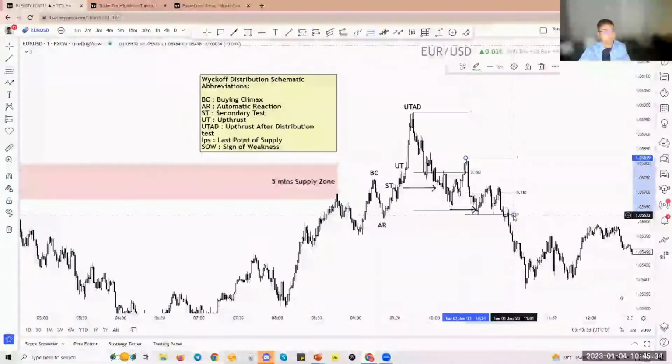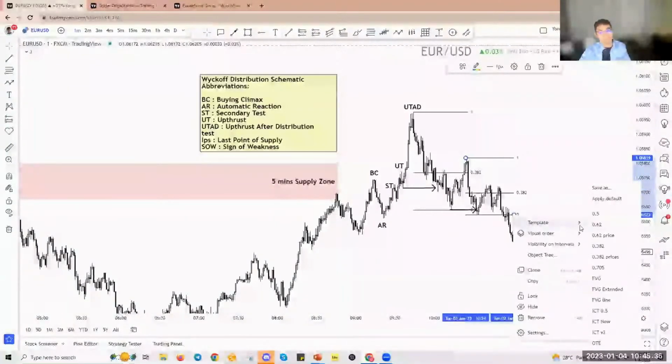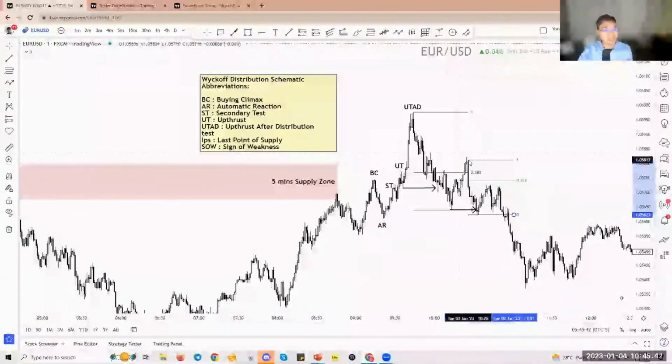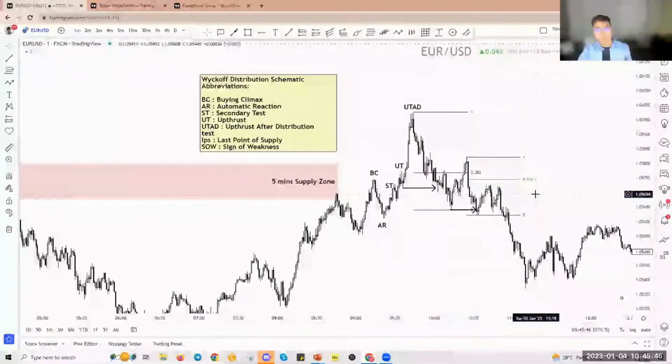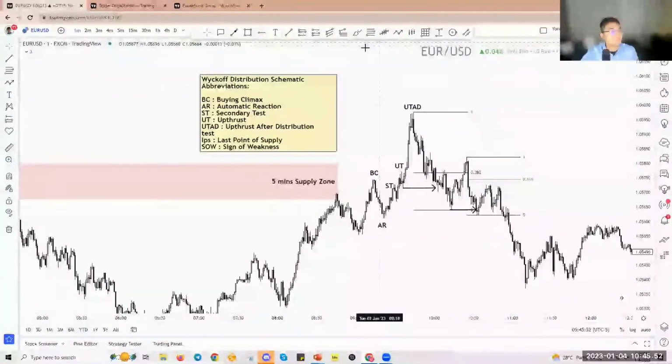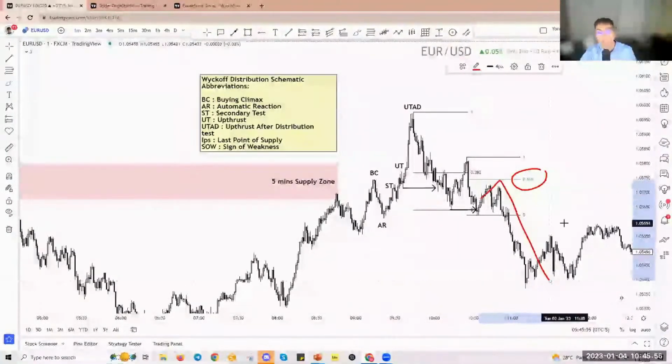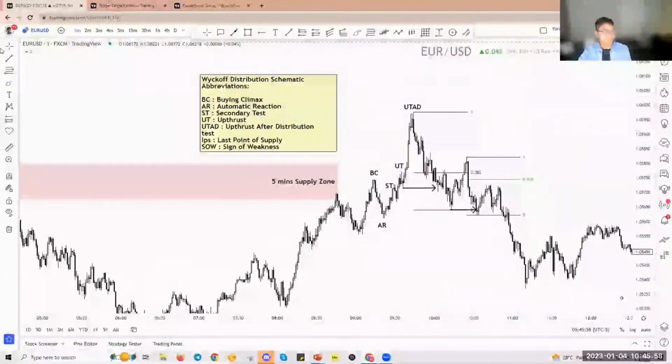You can either enter at 38.2%, or for me, I like to at least 61.8%, but in this scenario, it did not tap into the 61.8% area. So if you're trying to have a very, very nice entry all the time, aiming for the 61.8% area, most of the time it might not hit and you just miss out on the entire trade.